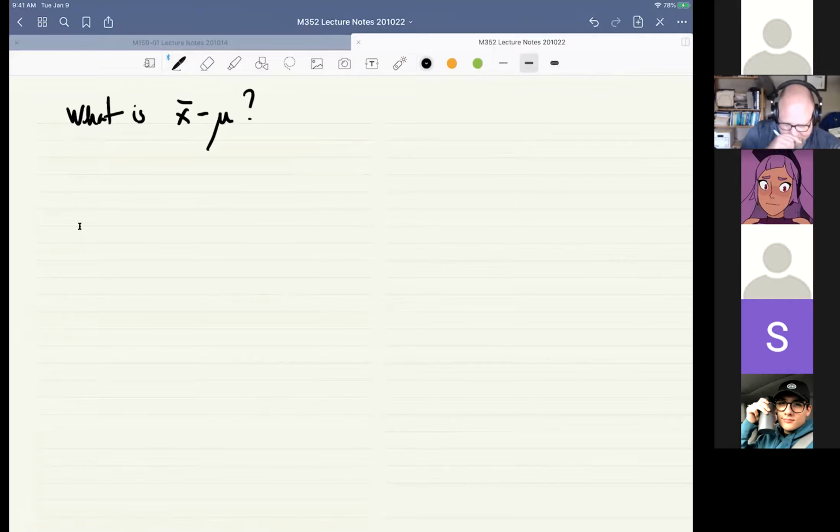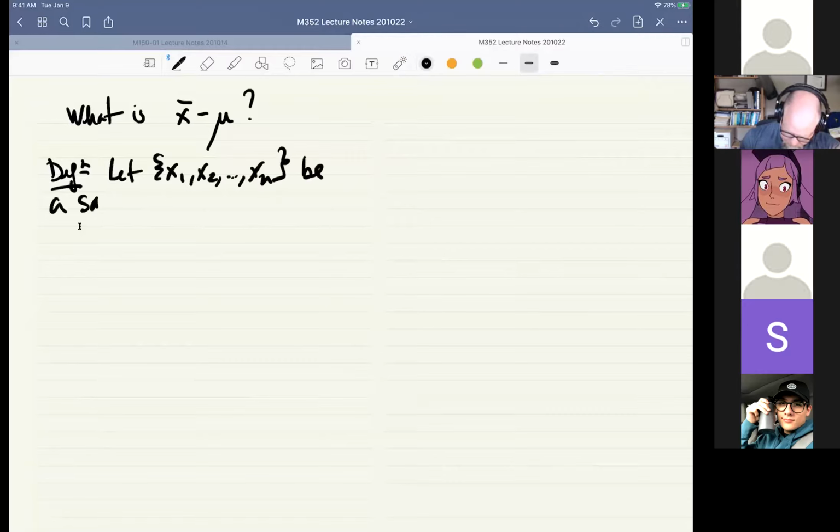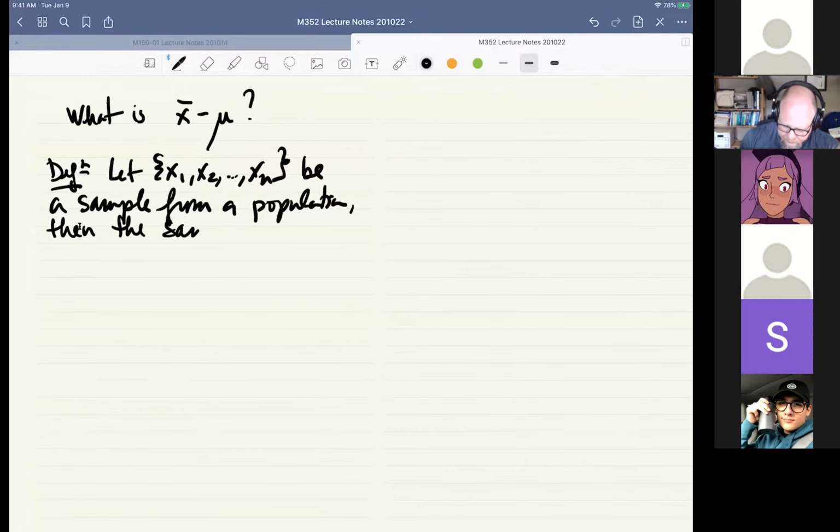So what I'll say is, we can say a similar thing with the standard deviation. So if we have our sample from a population, then the sample variance is this quantity, and I'm going to call it S squared.